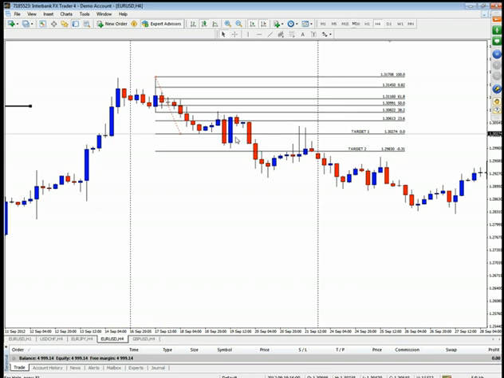Now, if you want some confirmation and you don't want to use limit orders to get into your trade, instead you'd wait for a nice bearish candle to get in. You really want to get in at the minimum at your 23.6 level, which is here.